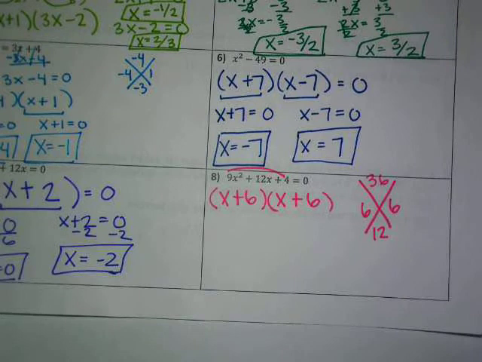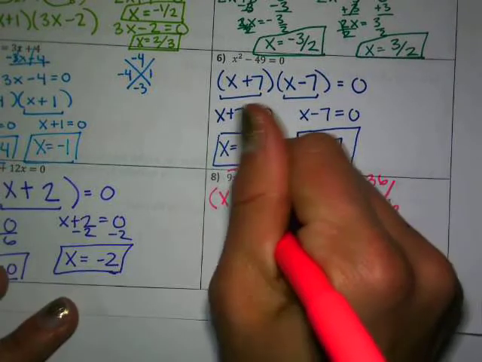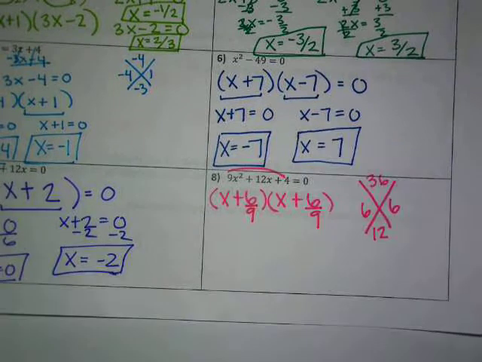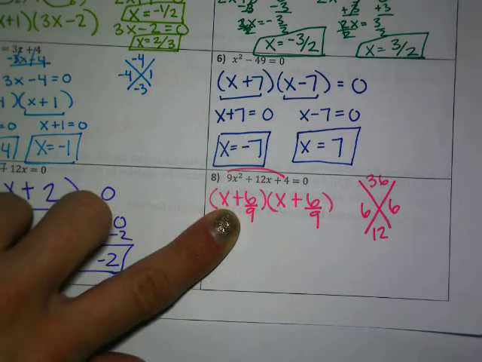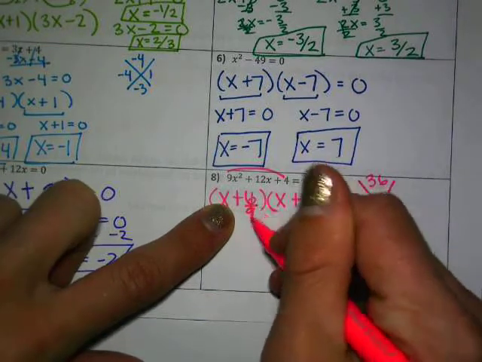Okay, Isabella, do I have to divide by anything? Then 9. So we're going to divide by 9, divide by 9. Raimundo, what is 6 divided by 9 reduced to? Close. You're going to divide them both by 3, and so it'll reduce to 2 over 3. Yep, 2 over 3.